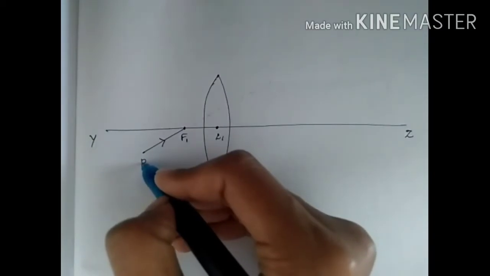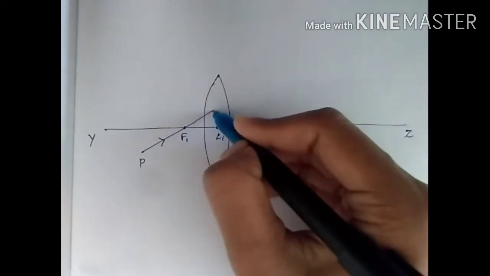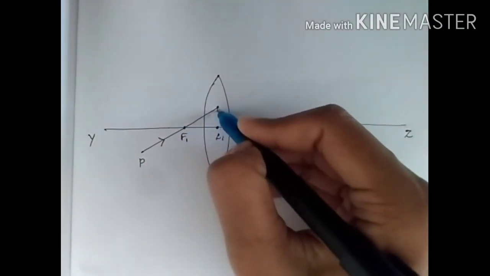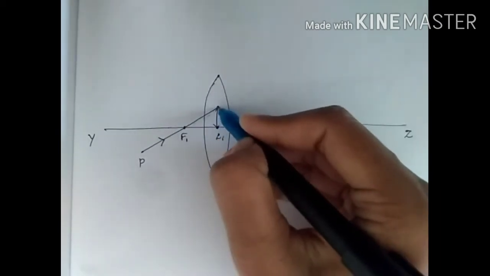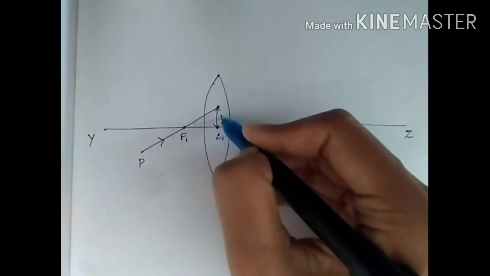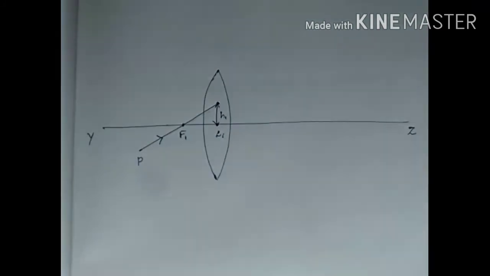Let this ray be P. This ray will get incident on the lens L1 at a height H1. So you have lens L1, and on it we are incidenting the light ray PF1, where F1 is the first focus point.